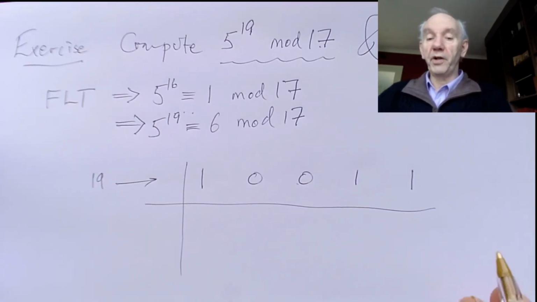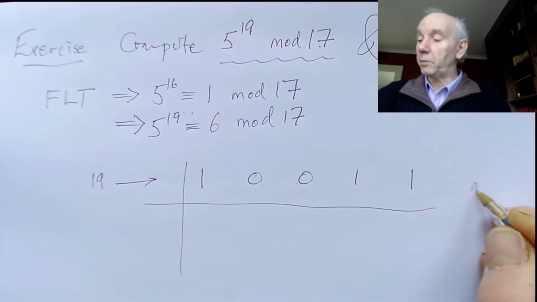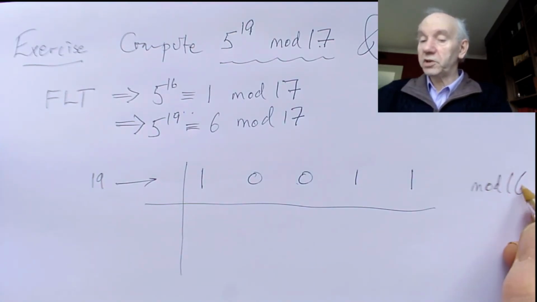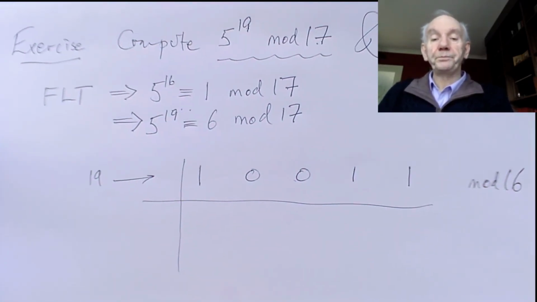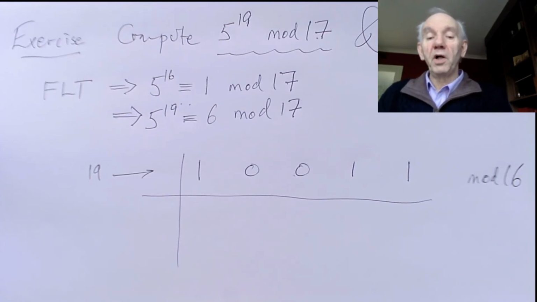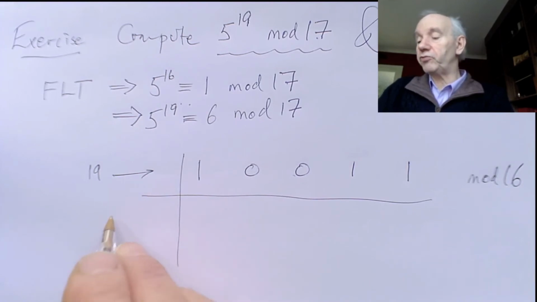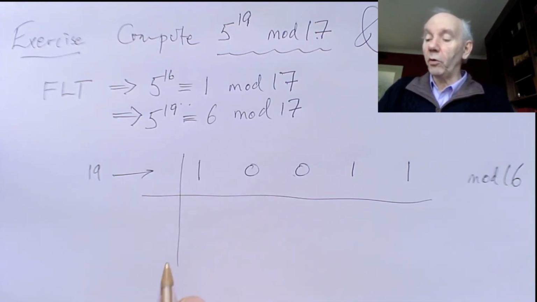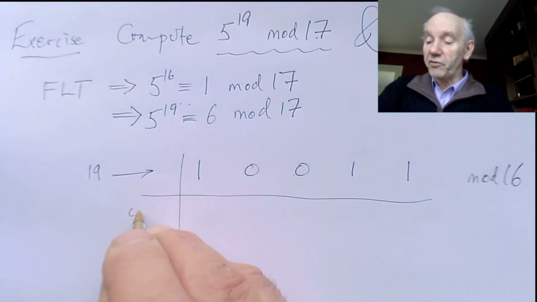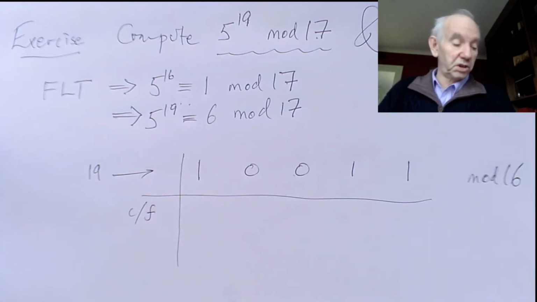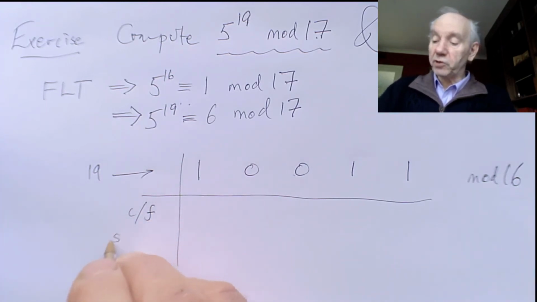So I'm using mod 16 for this table. Let's remind us what these are. The first row is a start or carry forward row. Maybe I'll call it carry forward this time rather than start. And then the second row corresponds to squaring.